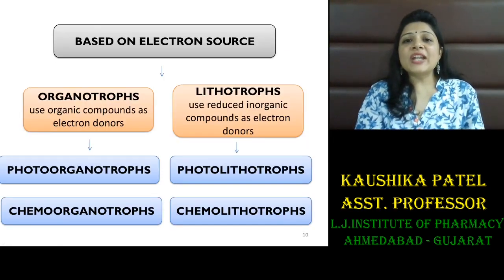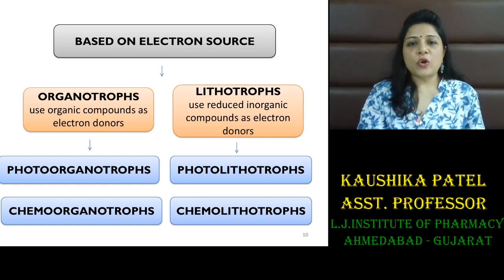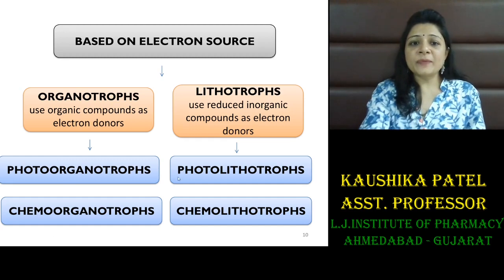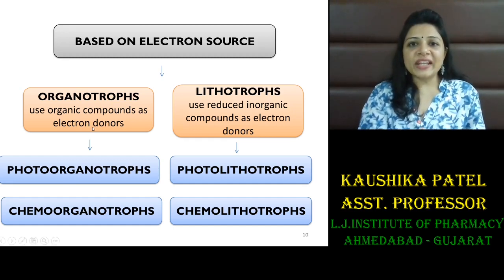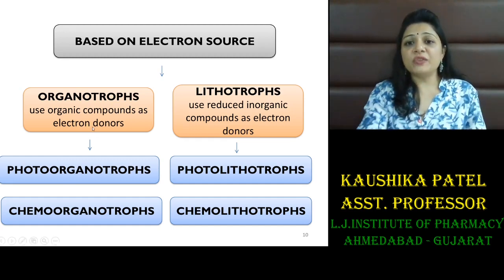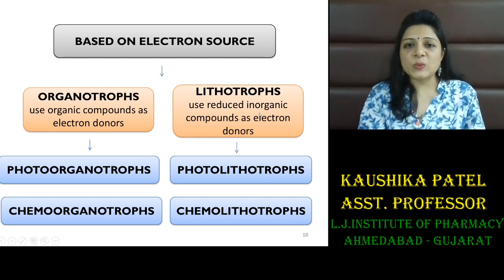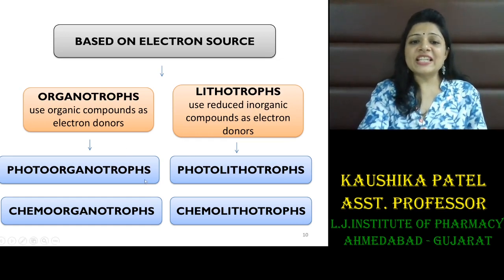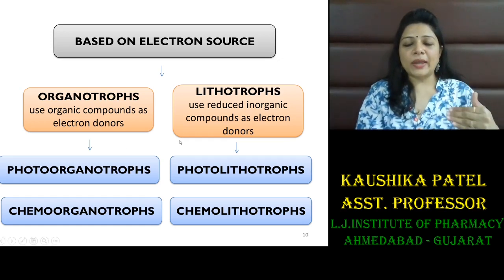Then, based on electron source, the bacteria can be organotroph or lithotroph. Organotrophs use organic compounds as the electron donor, whereas lithotrophs use reduced inorganic compounds as electron donors.